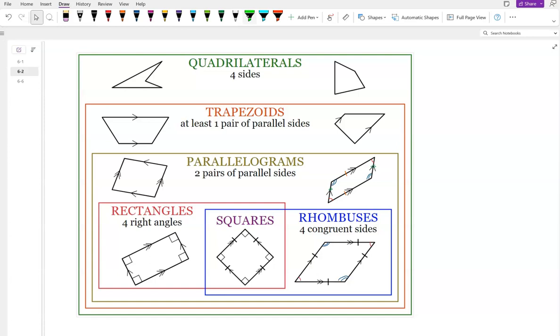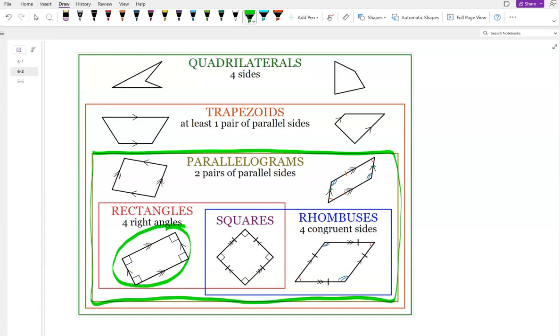They're going to ask which properties or names could be used to classify this shape, which technically means that since rectangle is here, it also falls in the category of being a parallelogram, right? Because it's in that same box. The only requirement for a parallelogram is 2 pairs of parallel sides, and a rectangle has 2 pairs of parallel sides. It also means technically it is a trapezoid, because a trapezoid has 1 pair of parallel sides, so I would also check that box.